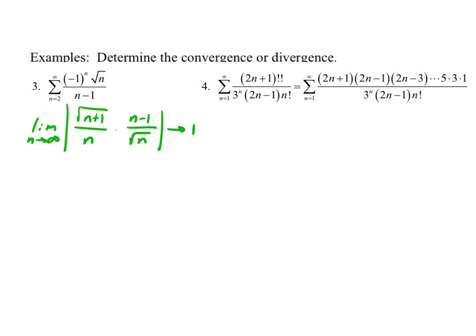Yeah, it's decreasing because as n gets bigger, this bottom grows faster than this since it's under the square root. So this bottom is growing faster, which means the bottom is getting bigger, which means the fraction is getting smaller as n increases. Notice how they started at n equals 2, by the way, so we didn't have a 0 to begin with. So that's good.